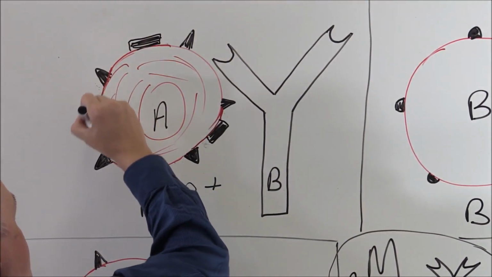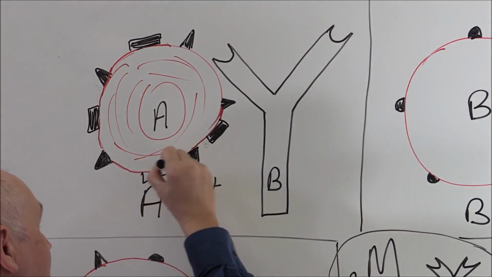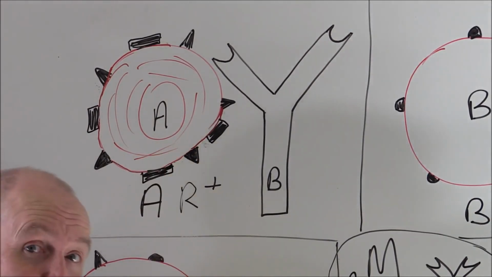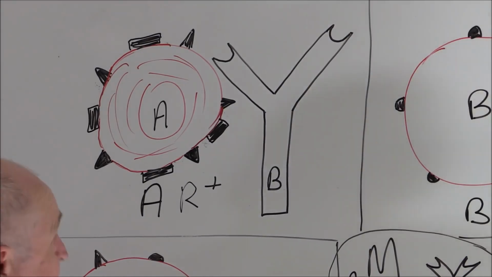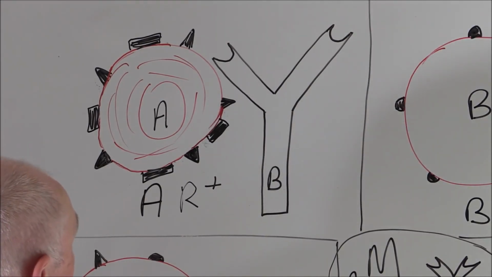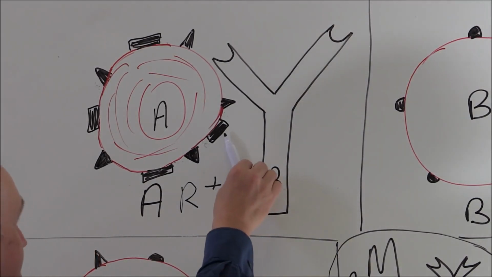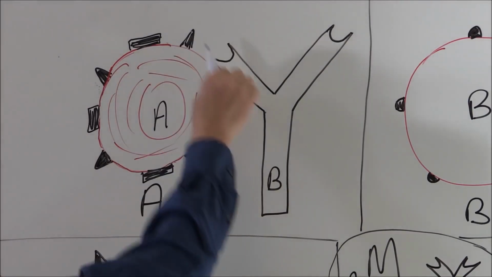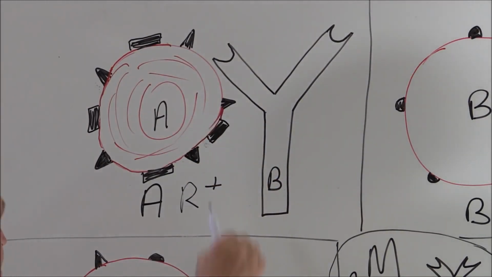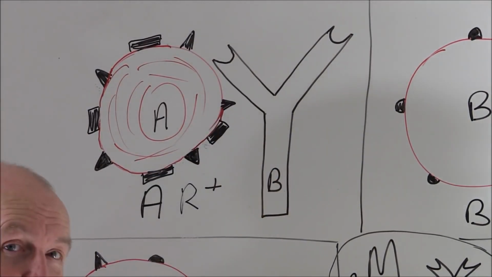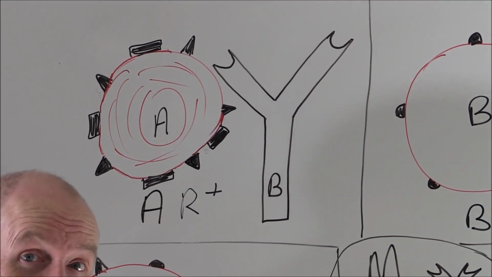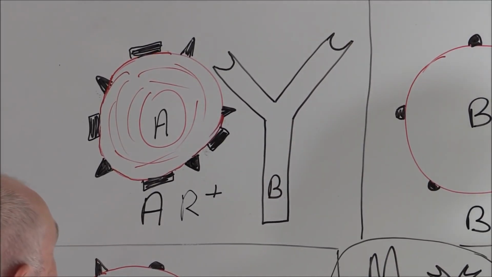It's protein based and it's present or absent, and like the ABO system, it is genetically determined. So what we've done now is we've added Rhesus factor antigens to someone who is blood group A, and we've turned them from Rhesus negative into Rhesus positive.